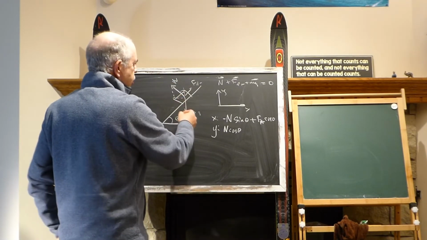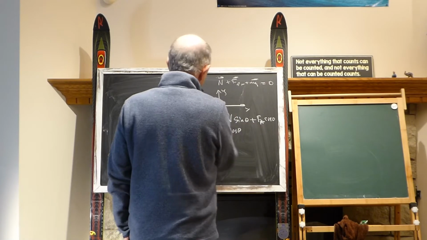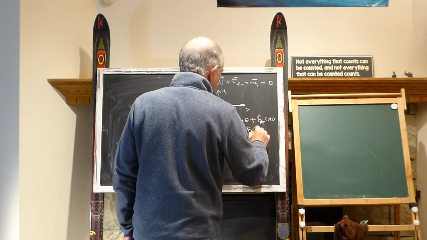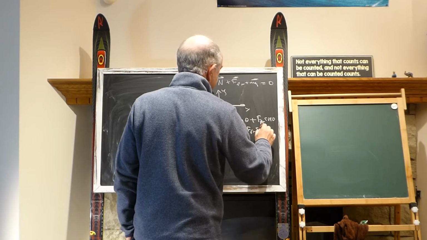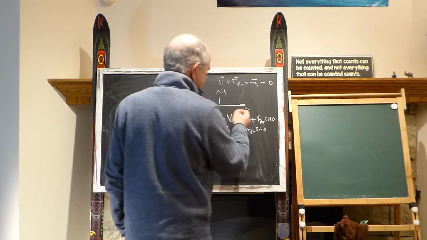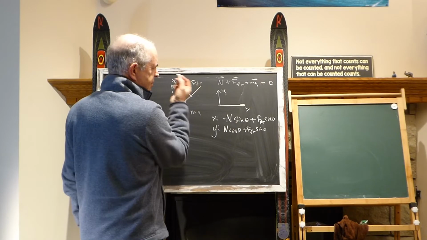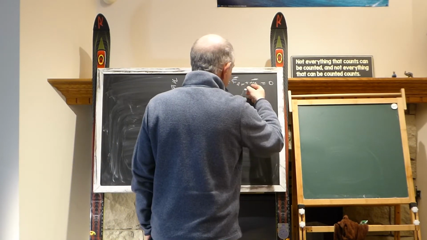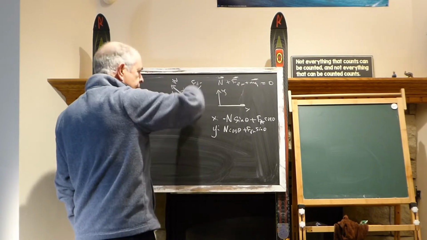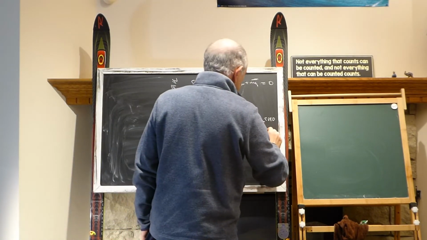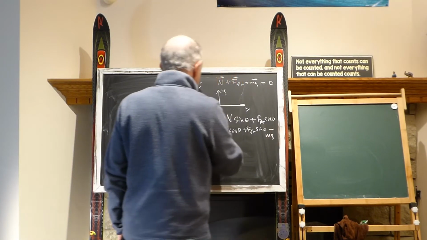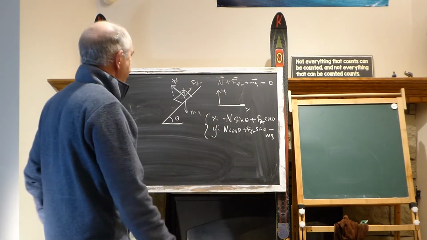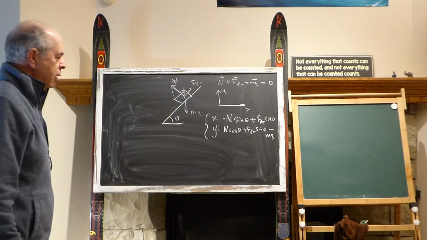Then F friction would be again positive up, so plus F friction, and this would be sine theta. Trust me on those sines and cosines, it's just the idea of how you use this projection. mg is directed straight down again, so it would be minus mg. And this would be the solution in this system of coordinates.